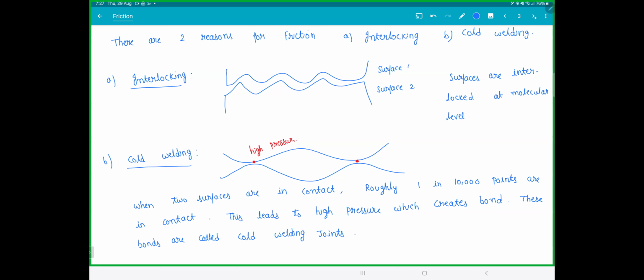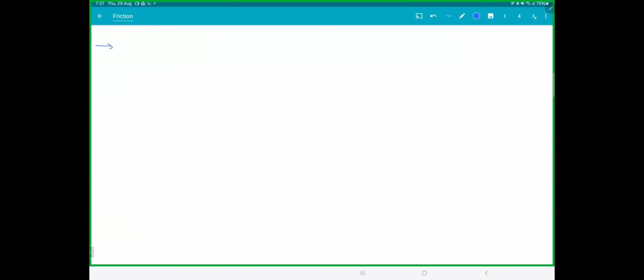Then, going ahead, any doubts on this page? Then, a few points on this. So let's say if you put a block, let's say block of mass m, but this block has a smaller area.